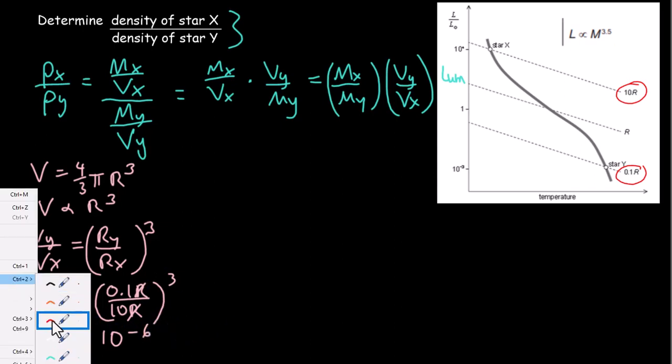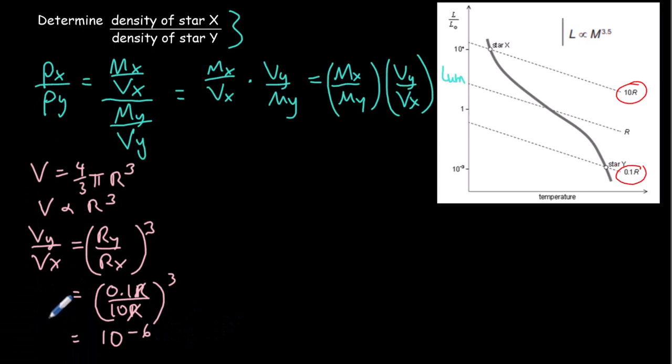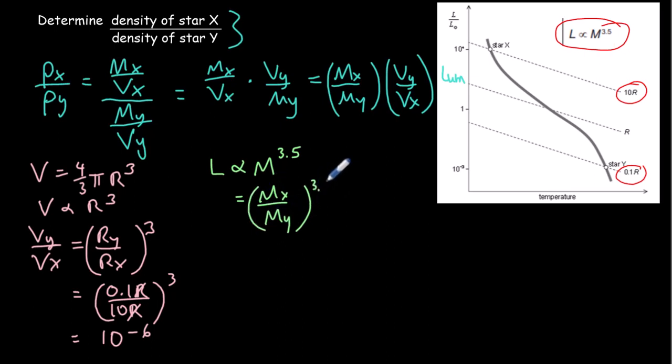The other important relationship we're given is this proportionality relationship between the luminosity and the mass. So luminosity is proportional to mass to the power 3.5. So we would like to get this ratio, mass of x to mass of y, mx over my, that raised to the 3.5 should be equal to Lx all over Ly.